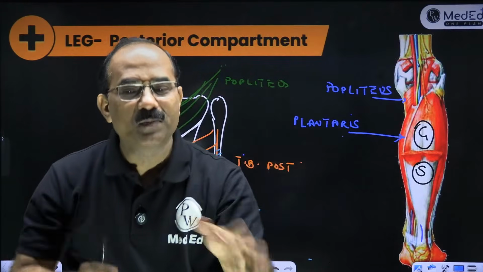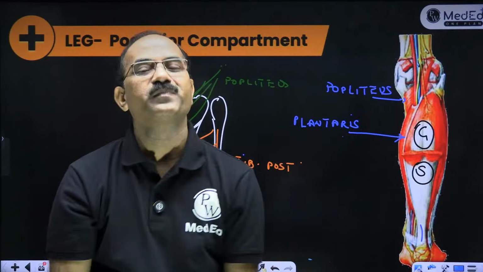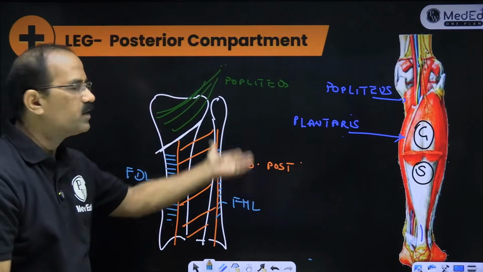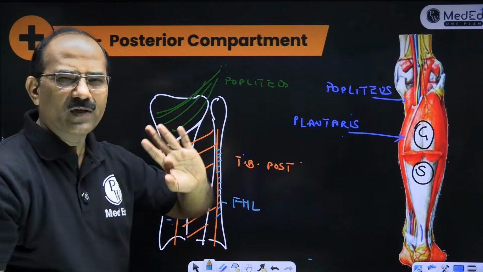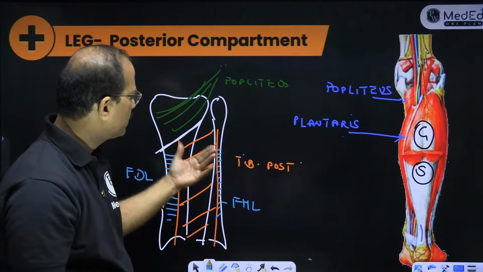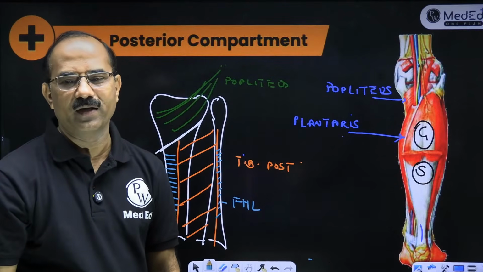Why do they cross? Because they arise from wrong bones. Am I clear to all of you? Fine. So this completes the posterior compartment of the leg. Very easy. Leg does not come in LAQs or SAQs. But you have to know these muscles because they are very important from a practical point of view.